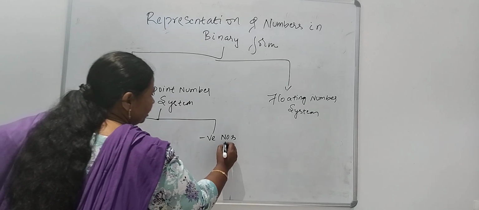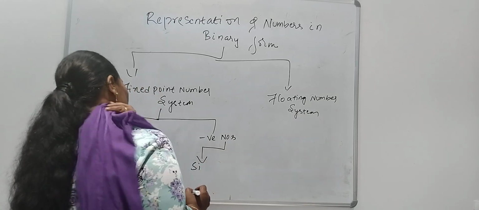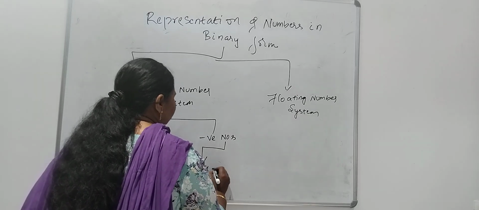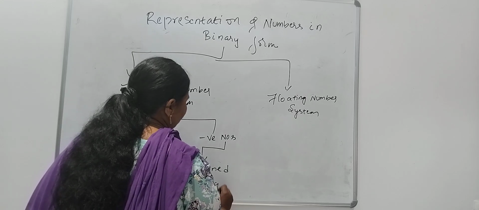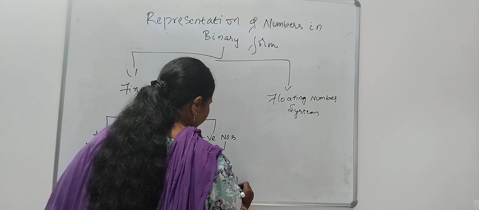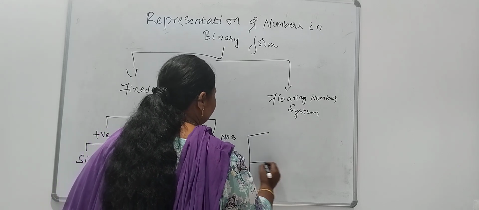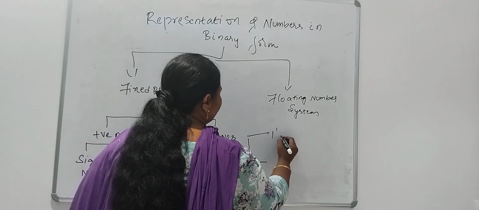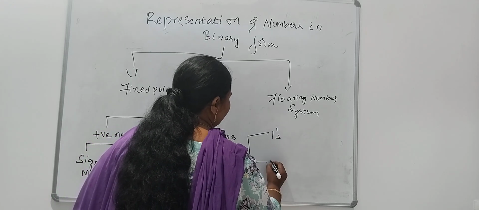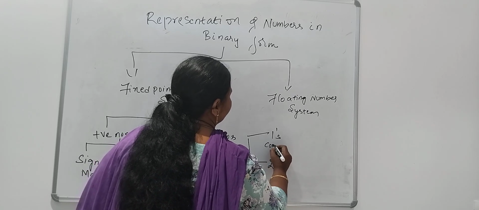Negative numbers are also represented with signed magnitude representation, and this can be represented in two ways: one is ones complement, another one is twos complement.